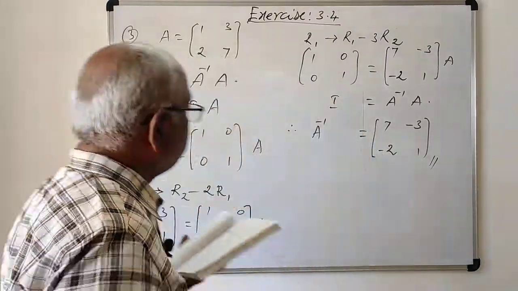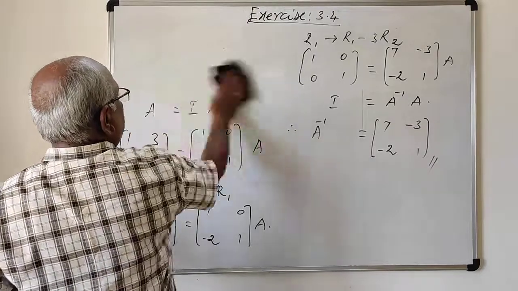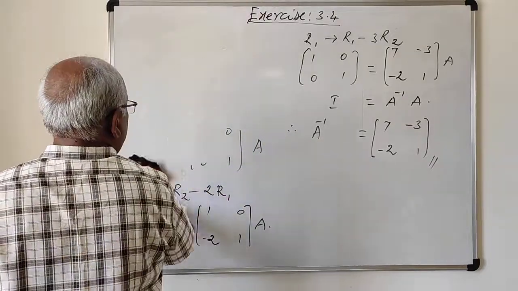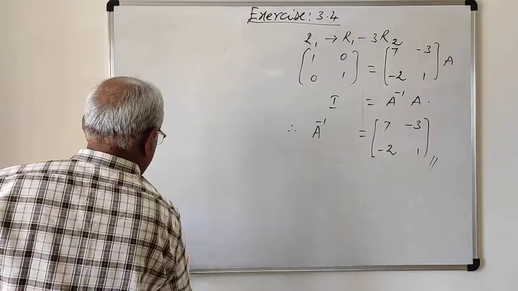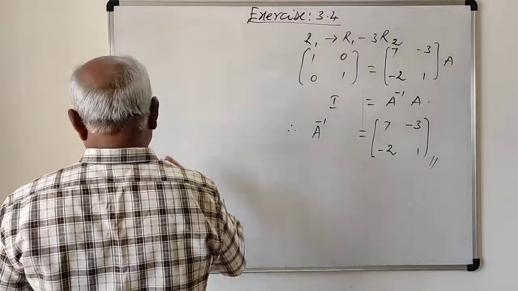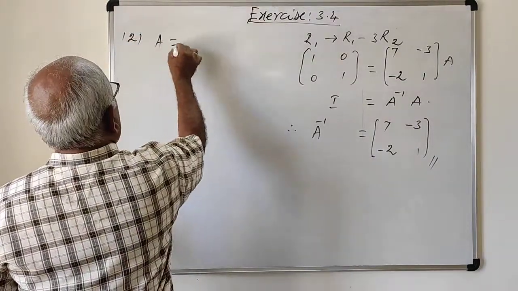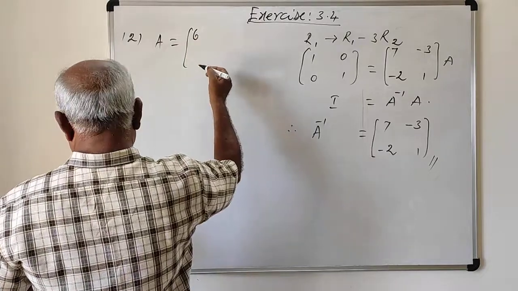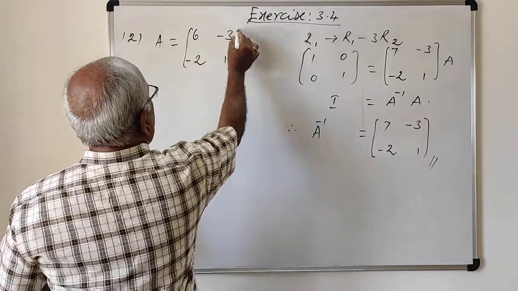I will solve the 12th problem now. In exercise problem number 12, find the inverse of A equal to 6, minus 3, minus 2, 1.